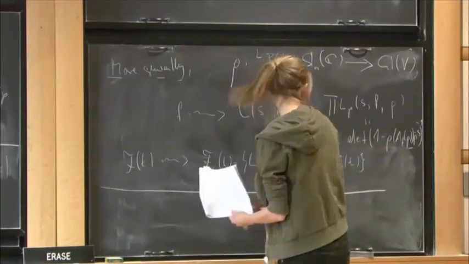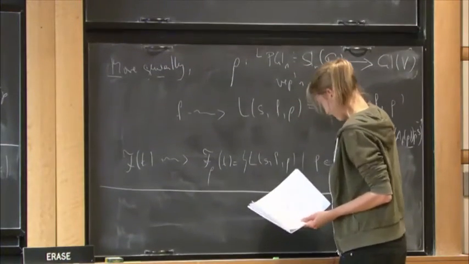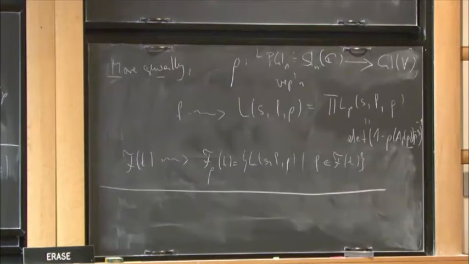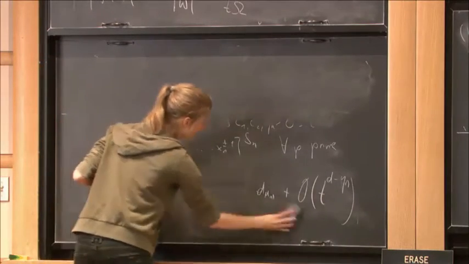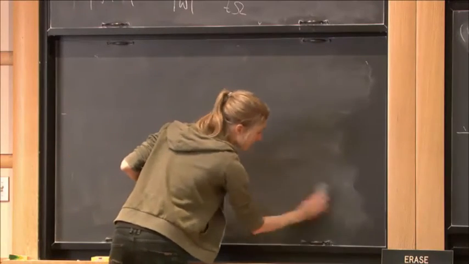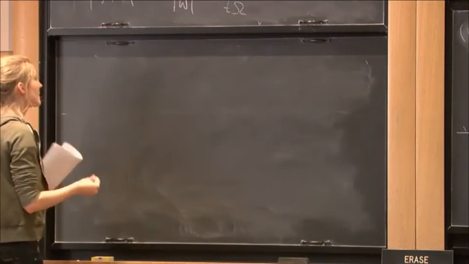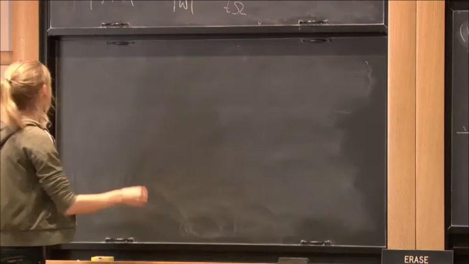And so, say if we know that for some rho this L-function has a continuation to all of C, we can of course define the zeros of the L-functions.